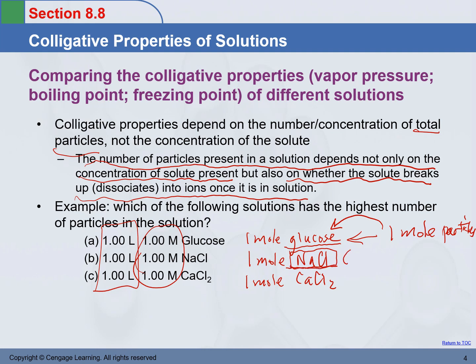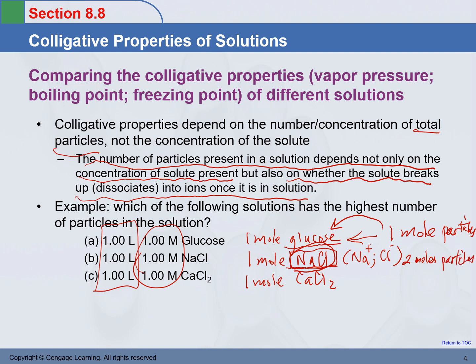It exists as individual sodium ion and chloride ion. Therefore, 1 mole of NaCl will result in 2 moles of particles.